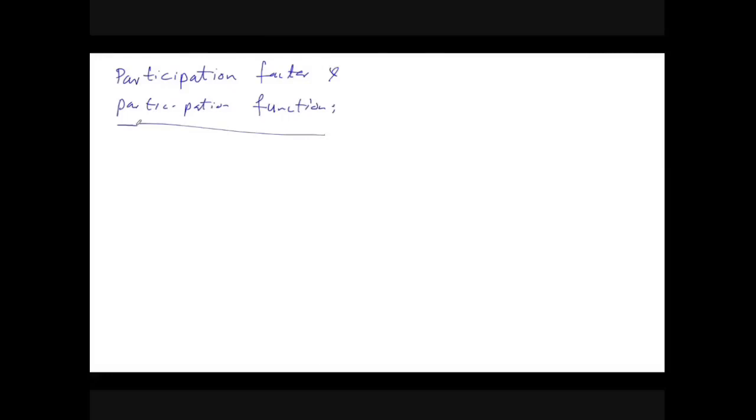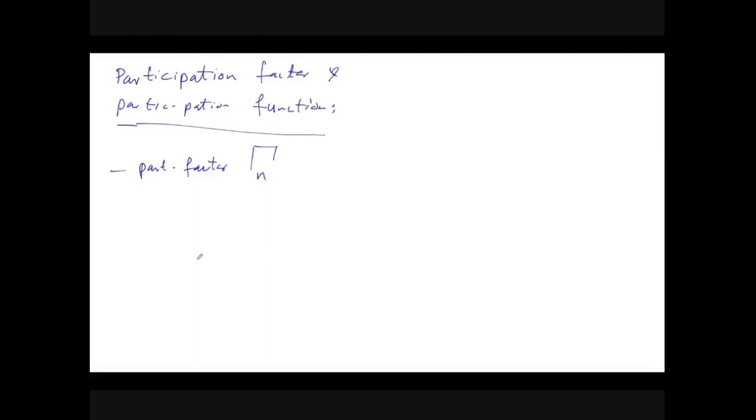The participation factor is defined as a scalar intended to measure the relative contribution of mode n to the total system state. It is represented by gamma n.